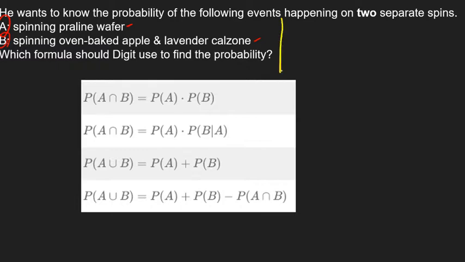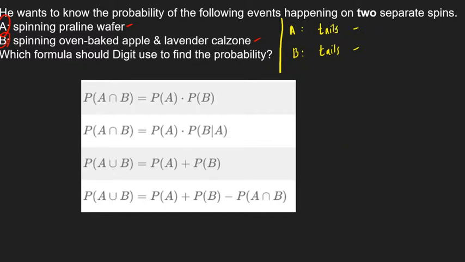Let's do a different example, a coin toss. Let's say I wanted to first know the probability of getting tails on a coin flip. That'll be event A, and then on the next flip, getting tails again. And I want to know the probability of event A and then event B happening.